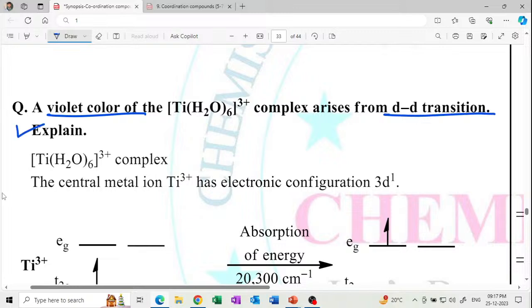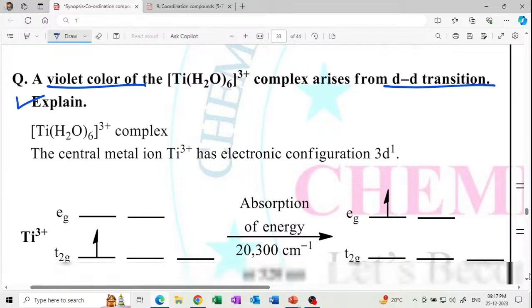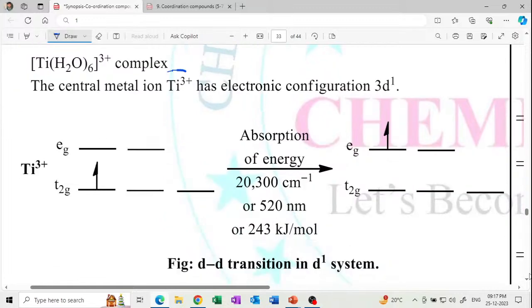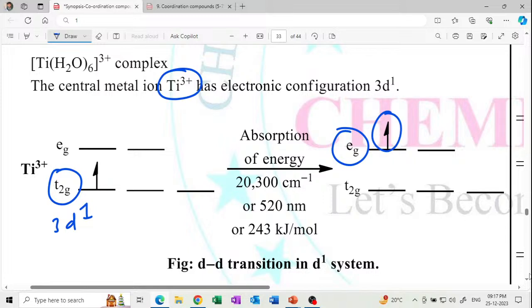The violet color of the titanium complex arises because of a d-d transition. Explain why. Because of titanium plus 3 in this complex. Titanium plus 3 has the electronic configuration 3d1. So this is 3d1, and the electron is excited from T2g into EG. This is the EG electron.